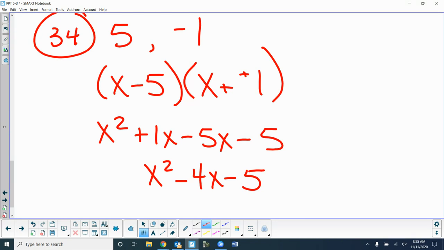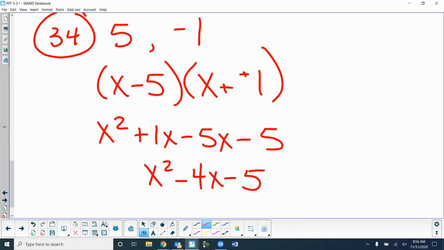Good. So, we've done, what are these called? Quadratics, very good. And how do I know it's a quadratic? If the x is what? Squared. So you got an x squared, it's a quadratic.